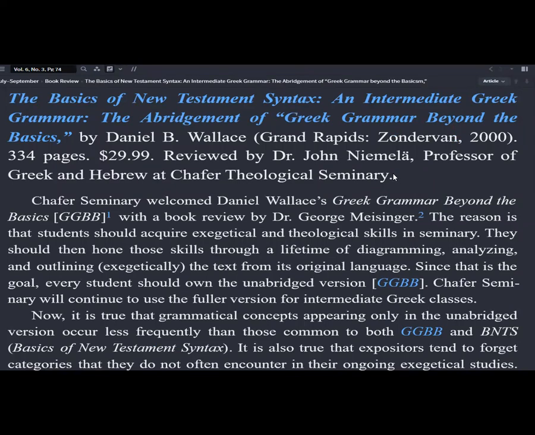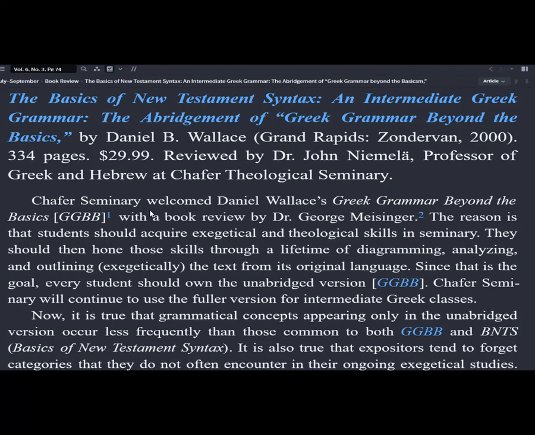But so he wrote a critique of Wallace's shorter grammar, the basics of New Testament syntax, an intermediate Greek grammar. And he's basically arguing that this thing is cut up and it might be good for like a professor. He used himself as an example to prepare a lesson for an outline, and then he could add in the rest of the stuff that's in the other one.